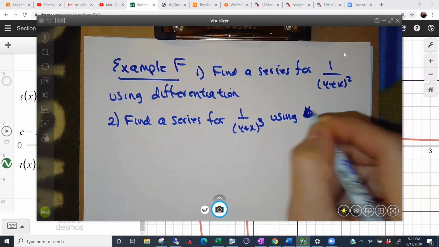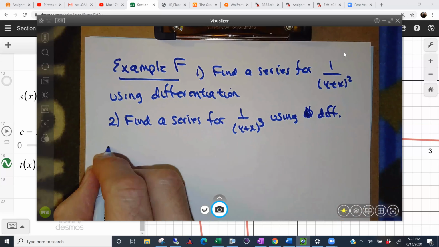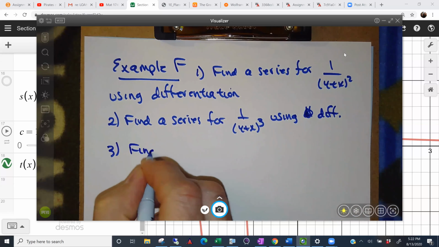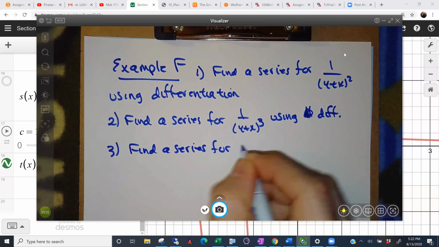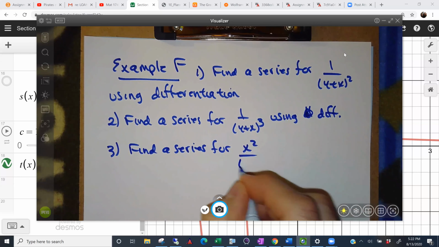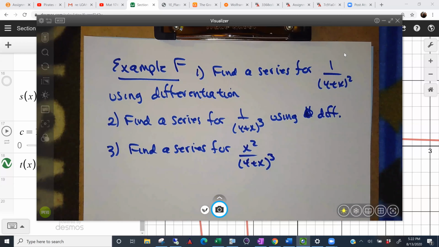And finally, find a series for x squared over 4 plus x cubed. Okay, so lots going on here.